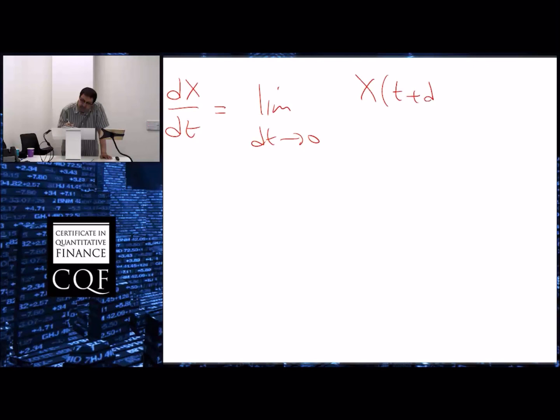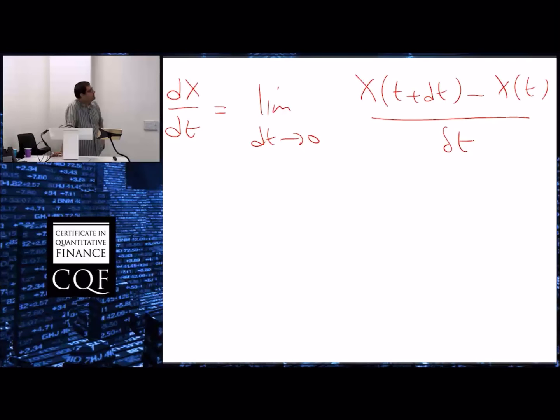So instead of that, shall we say df by dt? Right, so this is actually, sorry, what I should say is not f, let's say x, dx by dt is equal to the limit as delta t tends to 0 of x of t plus dt minus x of t over delta t. So we're going to try and use everyday differentiation rules here.